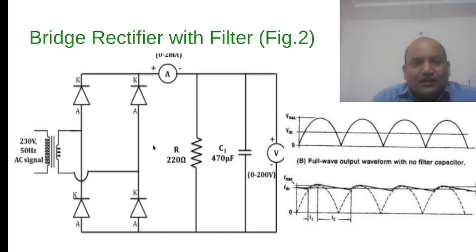Then connect an oscilloscope at this point, one channel of the CRO here and another channel here.